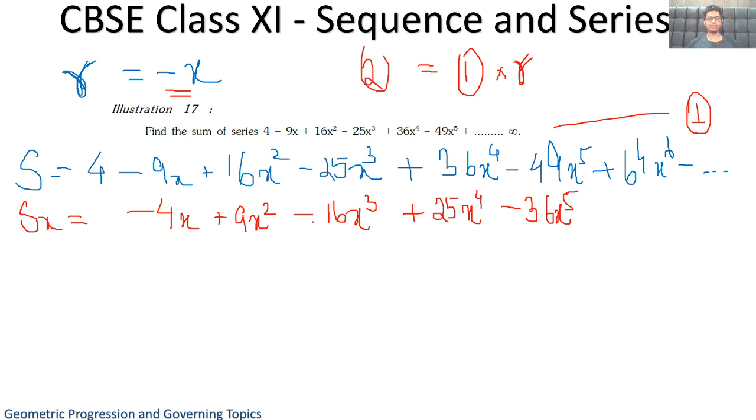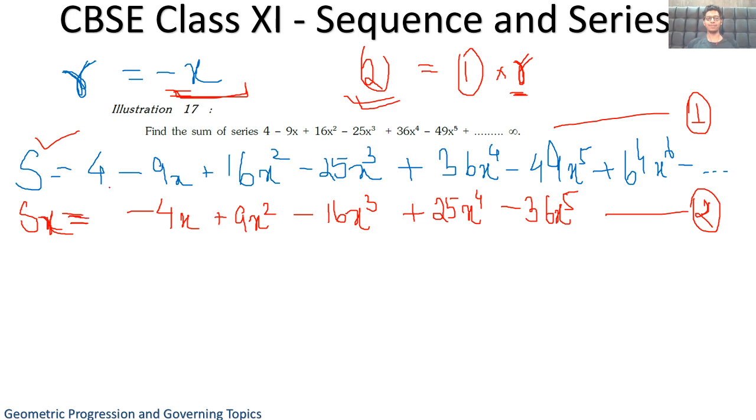Now this is the second equation, and this is the first equation. What we did is we generated a second equation by multiplying the first equation by a common factor, which has the value minus x, which we got from the GP. We multiplied s by x and moved it one place ahead.